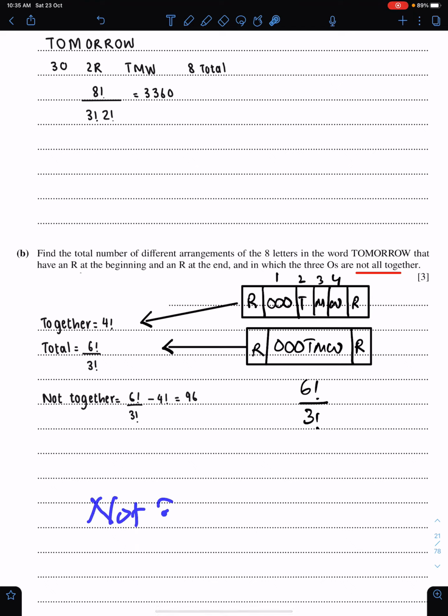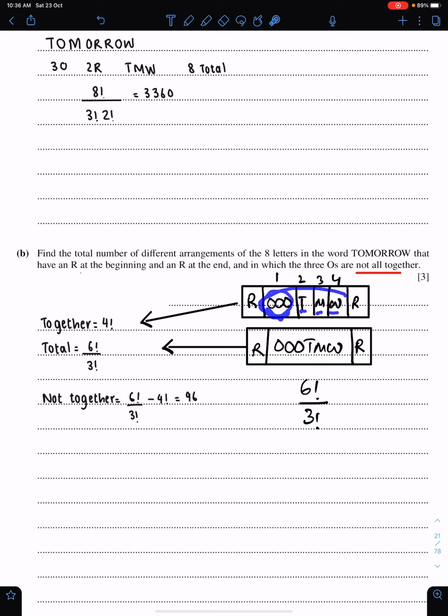Not together is total minus together. So this is the together. See, R is at the first position and at the last position, or you can say both R's are at the end, and 3 O's are all together. So this is one object. Second object, third object, 4 objects.